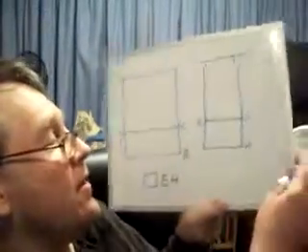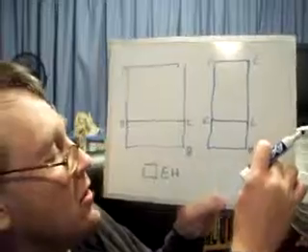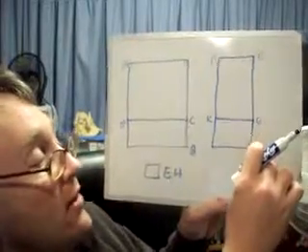Okay, so now, what did all that area form? Well, it formed, so now we can take the length of EH and we can make a square out of it.